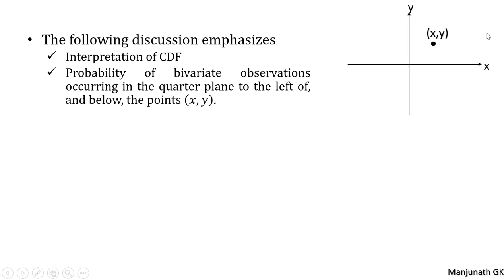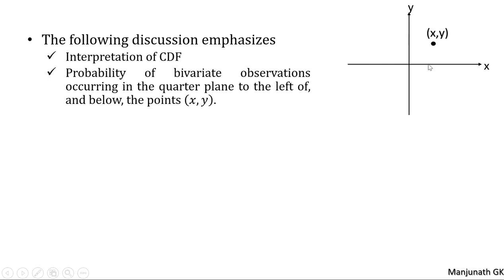Consider an x-y plane. It consists of four quarters, 1, 2, 3, 4. The size of the CDF is one quarter, any one of the quarters here. And where it is located is given by the statement left of and below the point x, y.